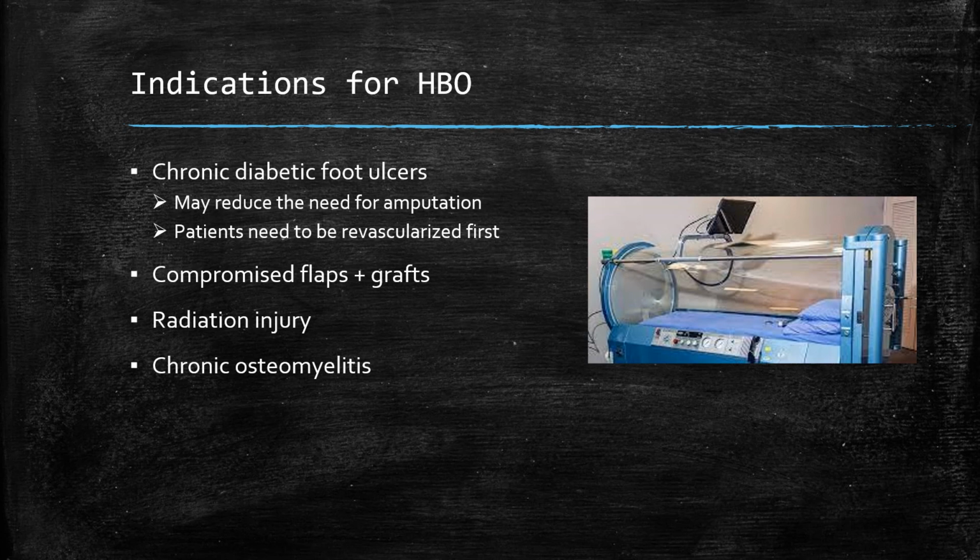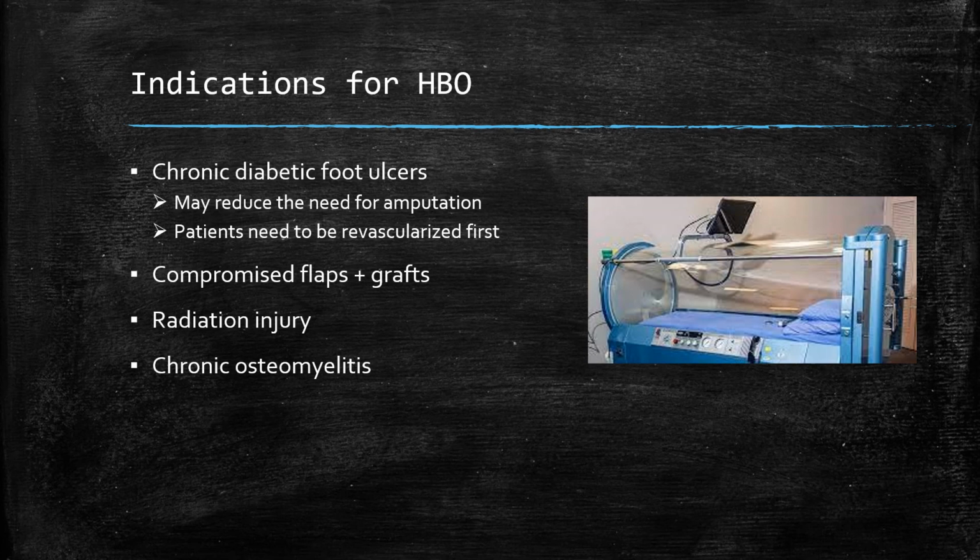The most common indication for hyperbaric oxygen is a non-healing diabetic foot ulcer. Since most of these patients also have vascular disease, they need to be evaluated first by a vascular surgeon. Patients who have unreconstructible vascular disease are not HBO candidates since they will not see an increase in wound oxygen levels.